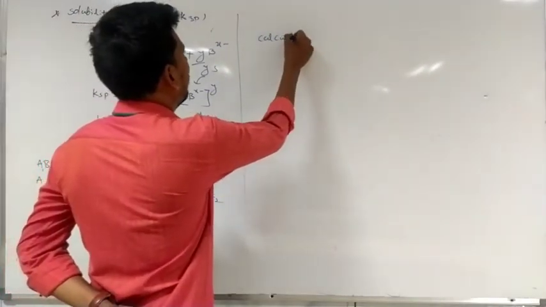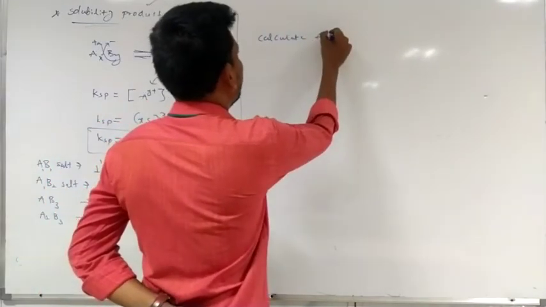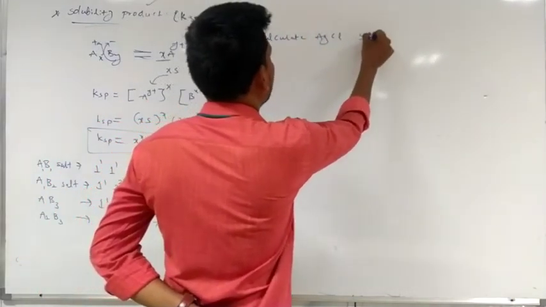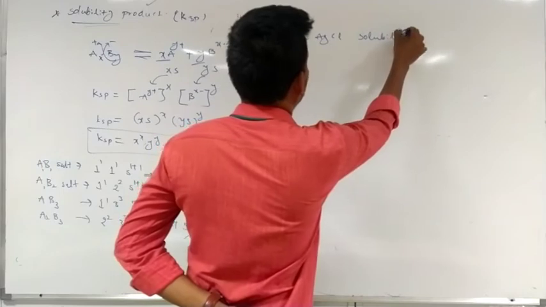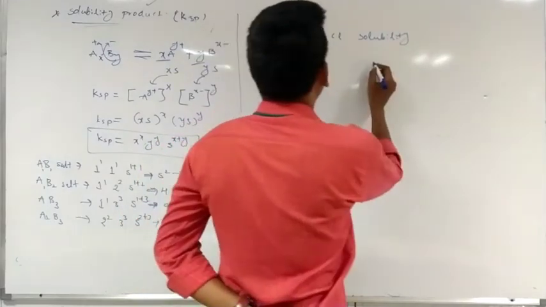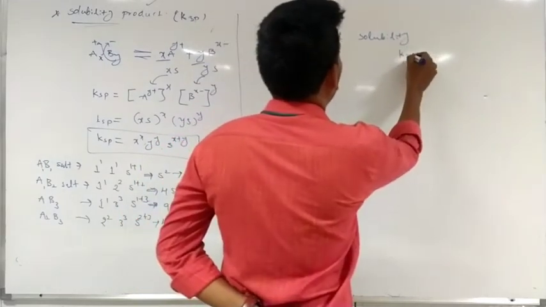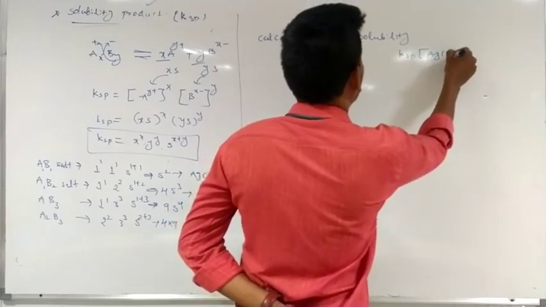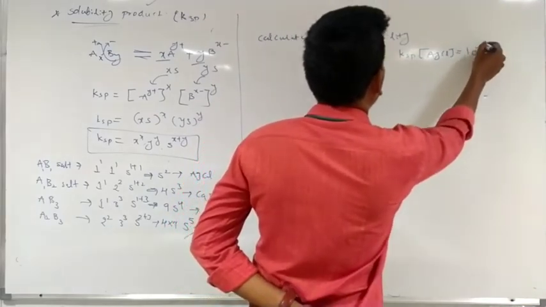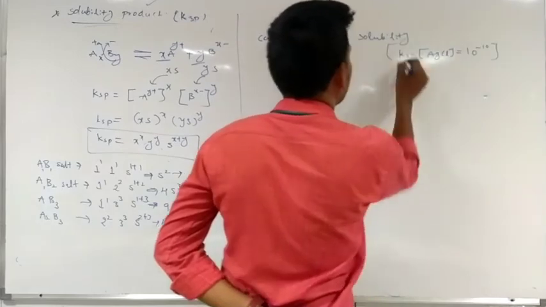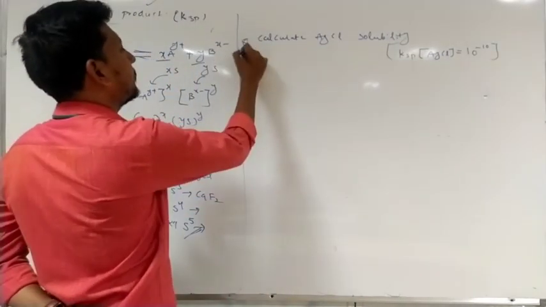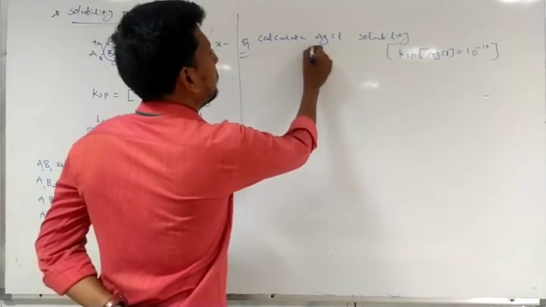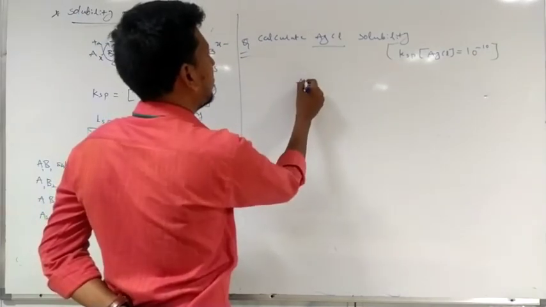Calculate the AgCl solubility. In this one, the Ksp value of AgCl is given to us, 10 to the power minus 10. This is the question. First of all, we have to write the equation for this one.